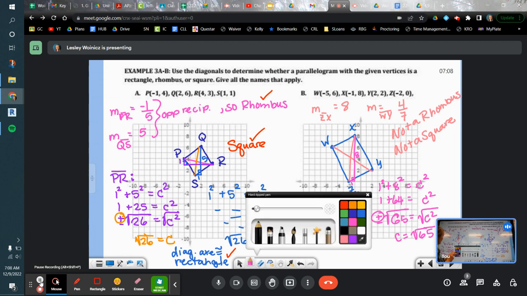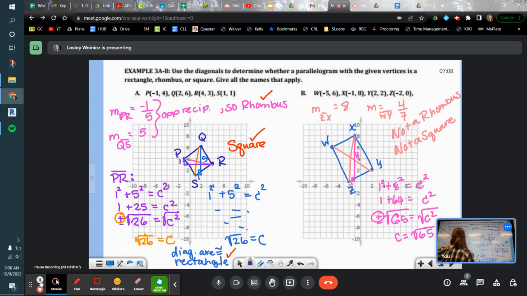Now let's do the other one. So this side is 1, 2, 3, 4, and this side is 1, 2, 3, 4, 5, 6, 7. Okay, so 4 squared plus 7 squared equals c squared.